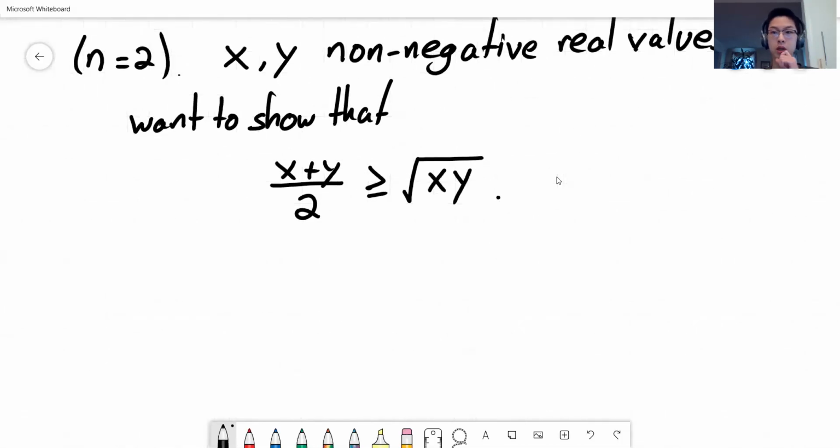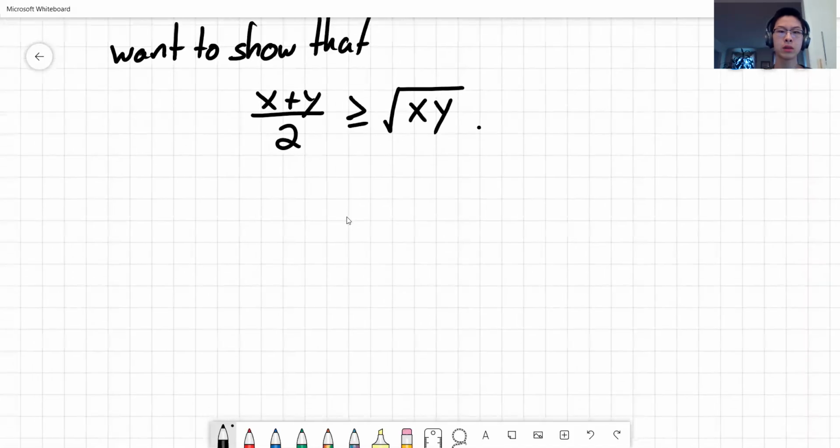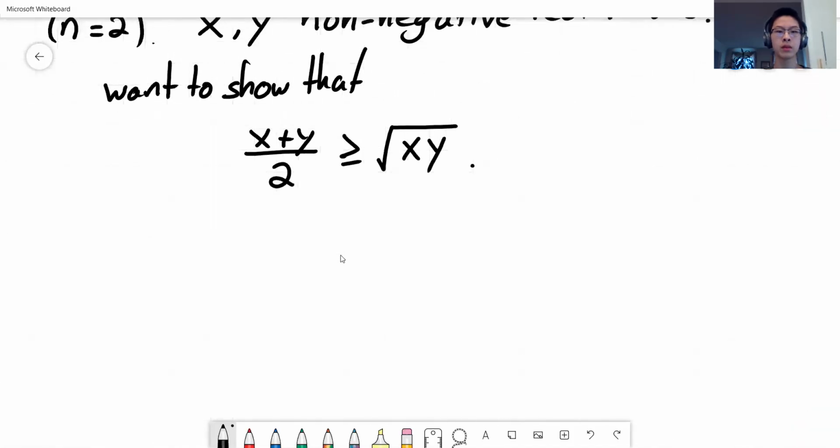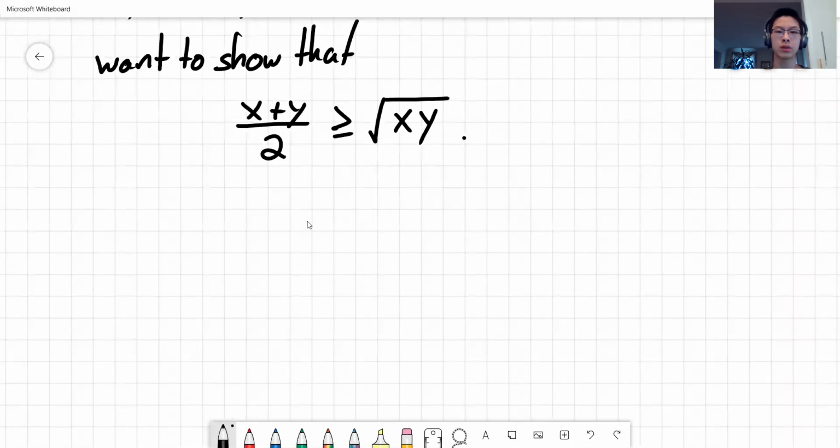Let's try to work with this inequality, and maybe we'll see that it becomes something easier to work with. With x plus y over 2 greater than or equal to the square root of xy, we might try to square both sides.